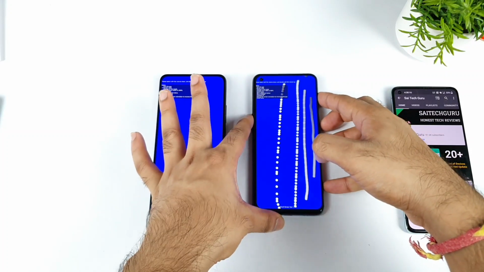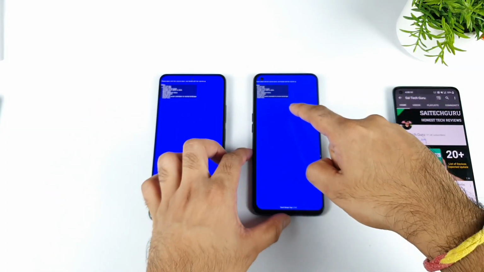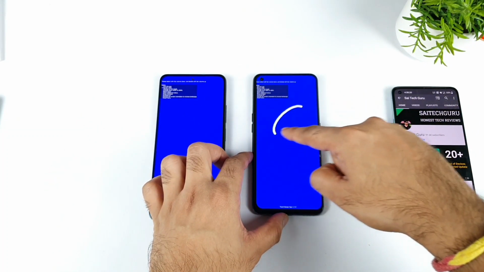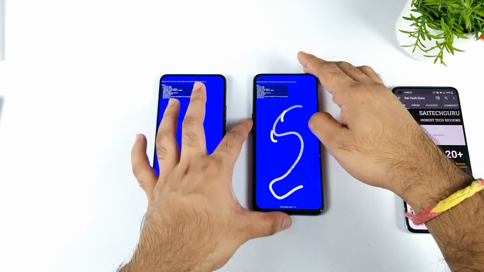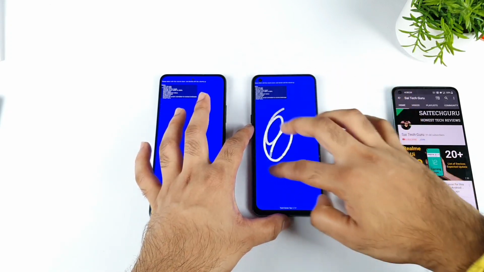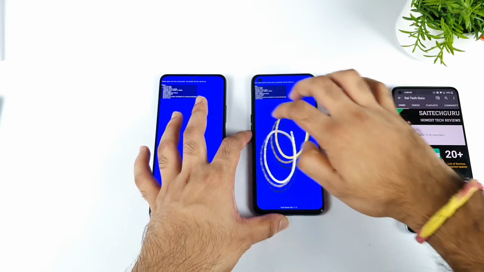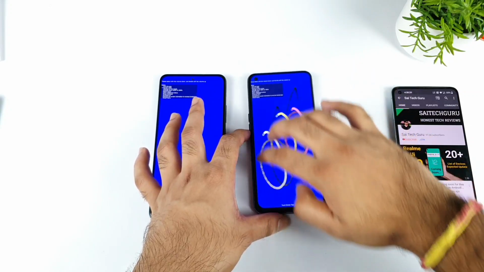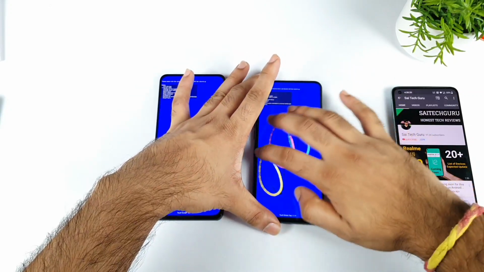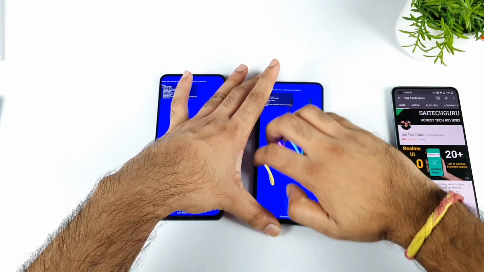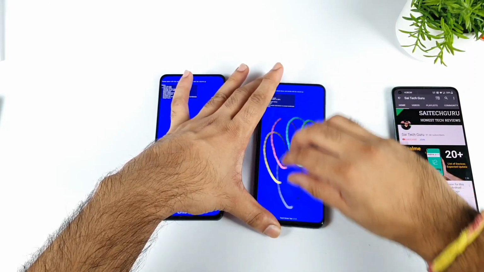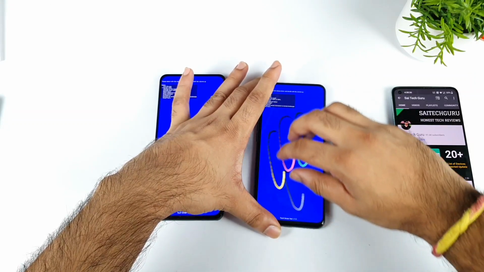Even in this test I'll try the multi-finger. Let's start with the Realme X1 Max. Two fingers, three fingers, I'm trying to draw the lines. Four fingers and five fingers right now. With five fingers also no issues.